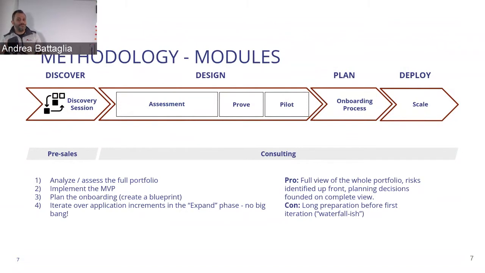And then you have to prove you can modernize the workload. Proving means you apply and rework the use case using the target technology of choice.